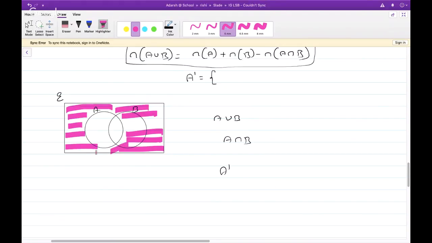So you will not shade the inside region, you will shade only the outside part. So everything outside A is your A complement.